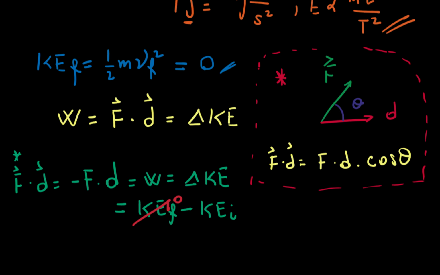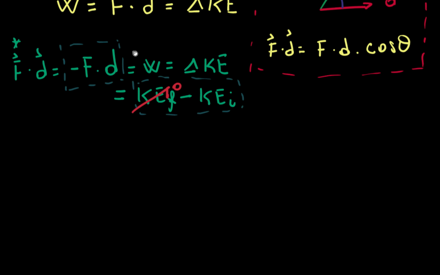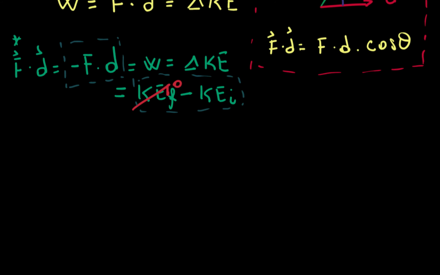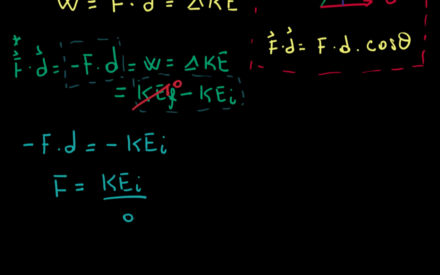So I'm just going to take this and write it as an equation all on its own: minus force times distance equals minus kinetic energy initial. Minuses go away, that's great. Now that means that the force that the tires needed to apply to this car is the kinetic energy initial divided by the stopping distance.